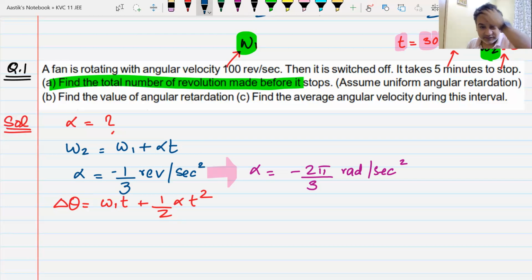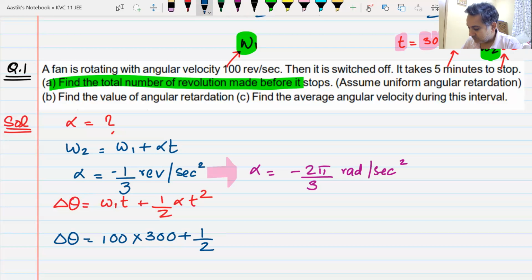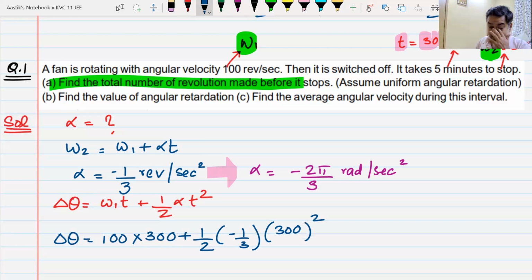They've asked how many revolutions are done, so let us use everything in revolutions. So I can put delta theta as omega 1, 100 revolutions per second, multiplied by 300, plus half alpha, into minus 1 by 3, into 300 square. Do we understand this? Yes or no?